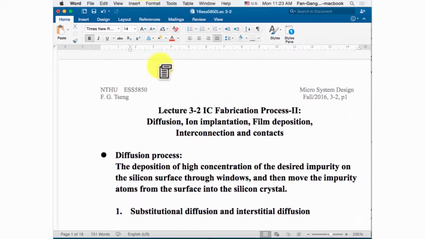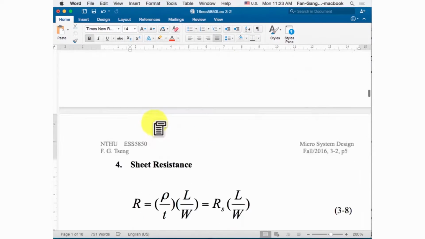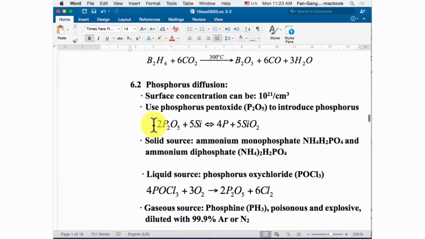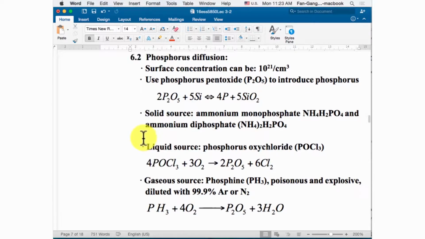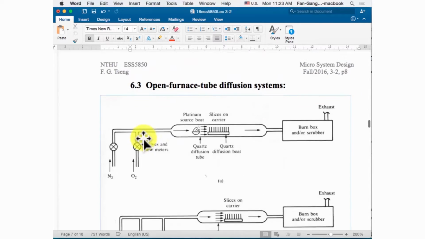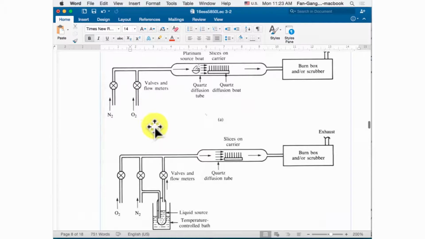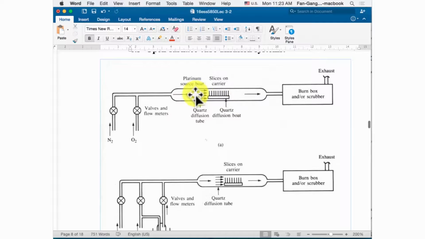When you deal with the diffusion process, usually they use oxygen and also nitrogen to carry your gas type, liquid type, or solid type material into the furnace area for the diffusion process. So the silicon dioxide sometimes will give you this kind of problem.